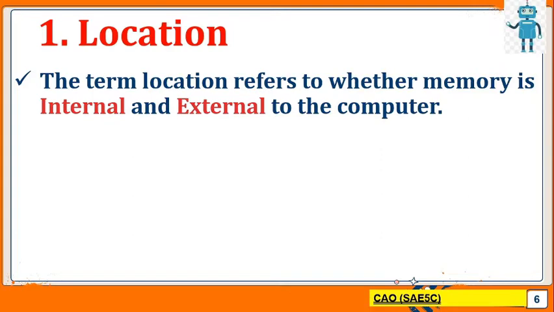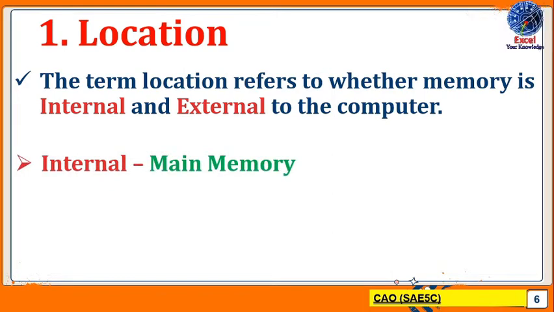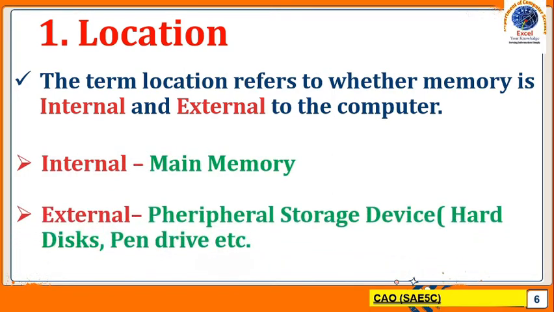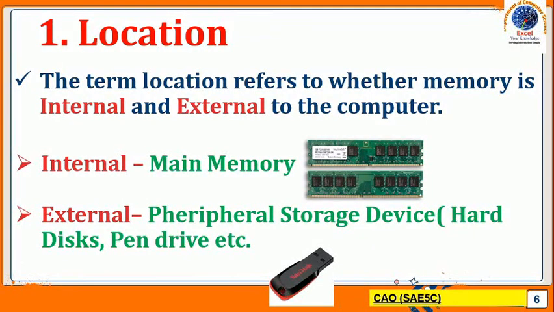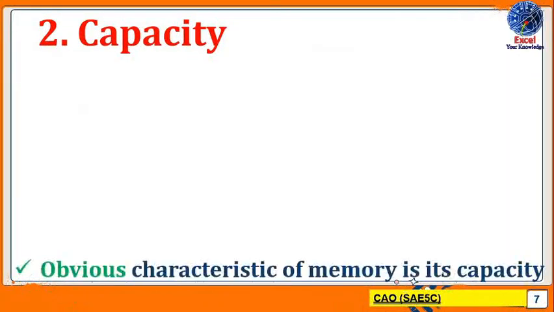External means the secondary memory, or the peripheral memory, the extended memory in other words, like hard disks, pen drives, CDs, DVDs, etc. Internal memory, or main memory, for example RAM, random access memory, is not a permanent memory but a temporary one. Whereas for an external device, we can take the example of the pen drive, which is very portable in nature.